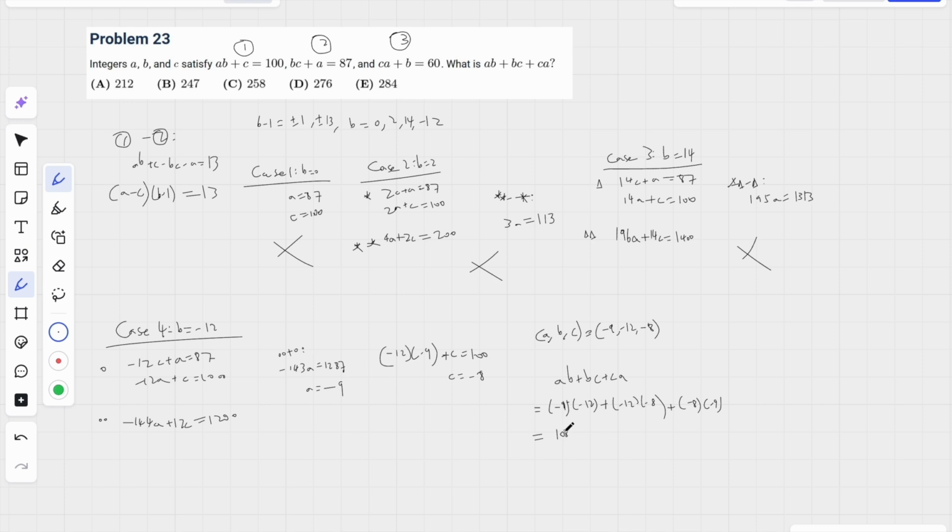Equaling 108 plus 96 plus 72, equaling 276. So our answer is D.